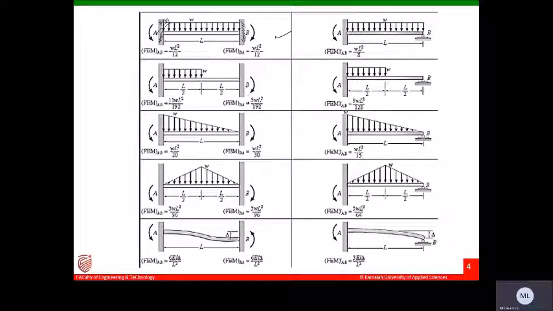So these are all the standard cases of fixed beams given here: beam with UDL, beam with UVL, and all those things.